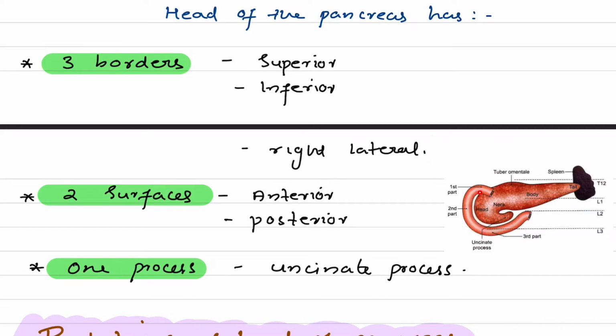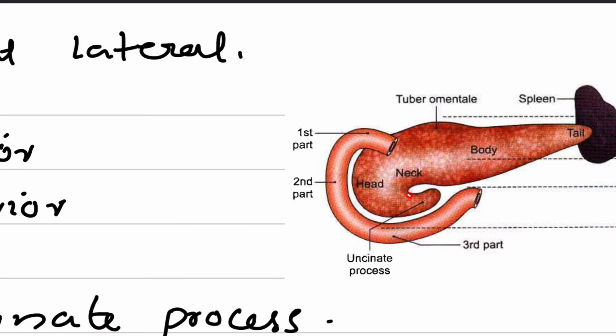So we have 3 borders: superior, inferior and right lateral. We have 2 surfaces, anterior and posterior. This is your anterior surface, behind this is your posterior surface, and we have 1 process which is the uncinate process. This is your uncinate process.